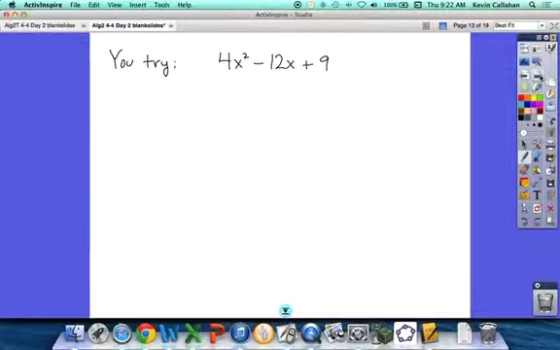I would say more than half are getting this. Again, the first number is 2 squared, so you would say this is 2x in parentheses squared. This one is 3 squared. And so the only check is 2 times 2 times 3, 12.